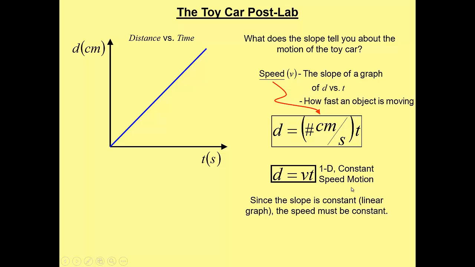If your object is speeding up or slowing down, that's a whole different thing. And two units from now, we're going to describe one special case of that happening, and we're going to need a whole different set of equations and different graphs, but we'll get there. In this unit, we're going to focus on one-dimensional constant speeds. So I hope you enjoyed this toy car post lab.